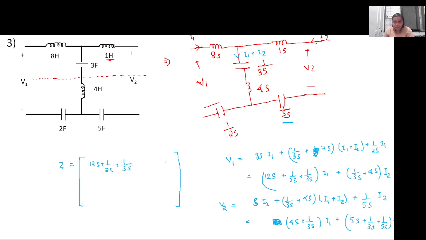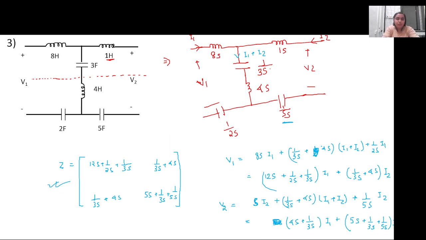Z12 is 1 upon 3s plus 4s. Z21 is again 1 upon 3s plus 4s. And Z22 is 5s plus 1 upon 3s plus 1 upon 5s. This is what we have figured out.